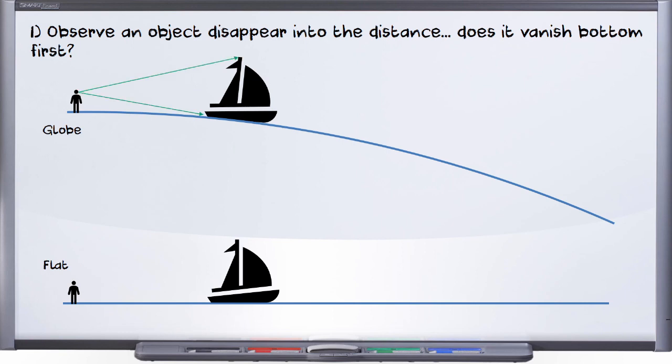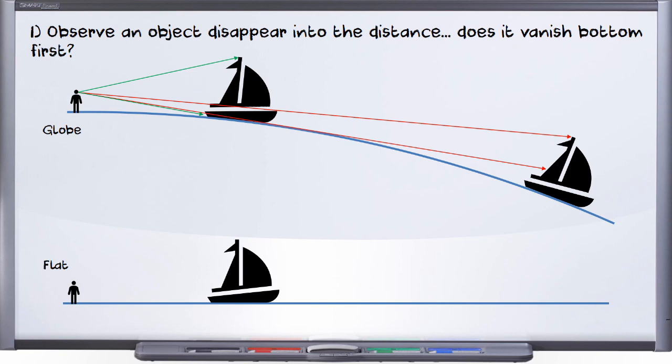So if we look at this on a globe, as we take this object and move it away from our viewer into the distance, it will go beyond the curve, and our viewer's view of it will be obstructed. And the obstruction happens right here, where the viewer's sight line to the object is obstructed by the curvature of the Earth. And the bottom of the object is what gets obscured first.